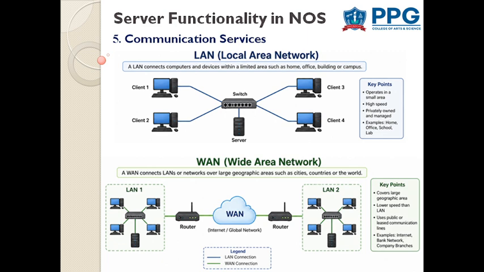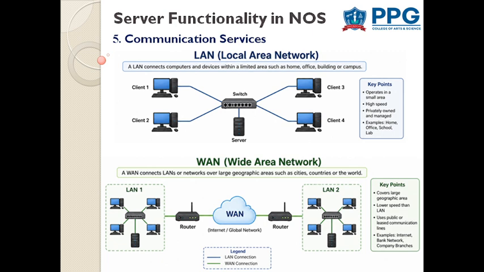Here are some of the examples of LAN. LAN operates in a small area, high speed, privately owned and managed. Examples: home, office, school labs. LAN connects computers and devices within a limited area, such as home, office, building, or campus.